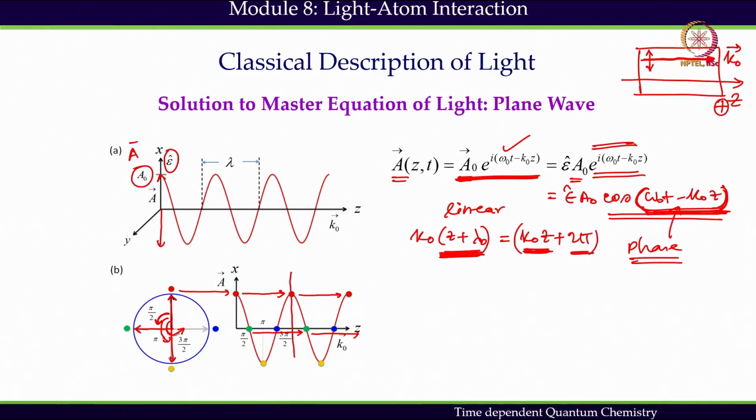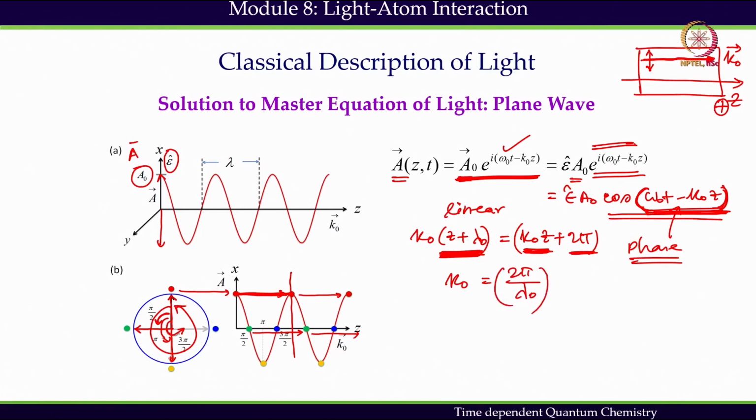So you see that from here to here, this is called lambda, in the linear scale, but in the rotational scale it is going to be 2 pi. So 2 pi angular advancement is nothing but lambda naught linear advancement, and if it is so, then I will have this k naught equals 2 pi by lambda naught, and the definition of k naught we get.